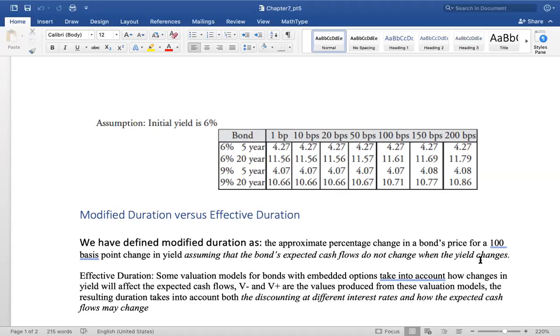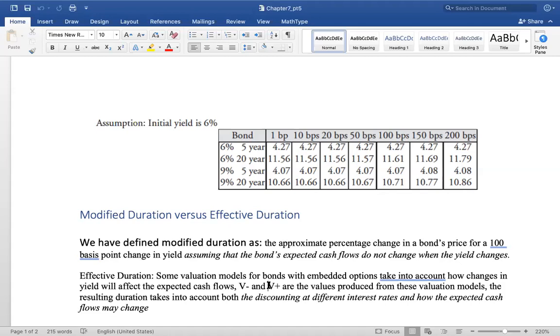While on the other hand, effective duration assumes that discounting at a different interest rate and how the expected cash flow may change both affect the resulting duration. So when we take into account not only the changes in the discount rate, but also use the V negative and V positive values based on the new cash flows, that is what we are talking about with effective duration.